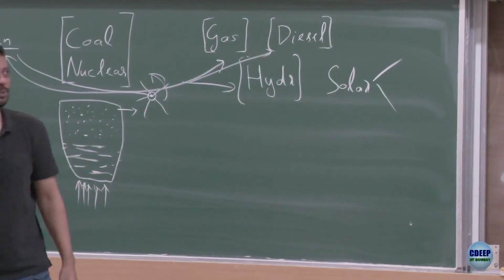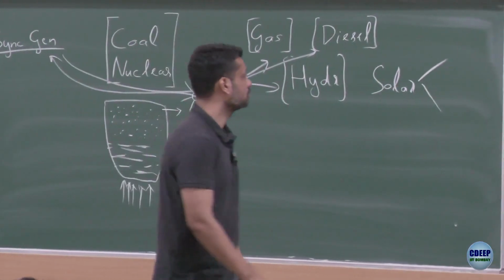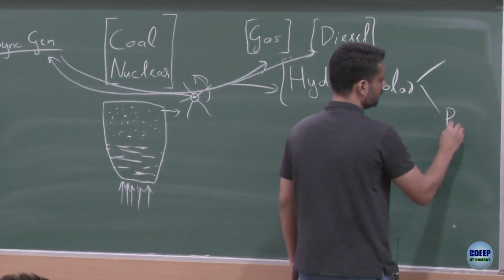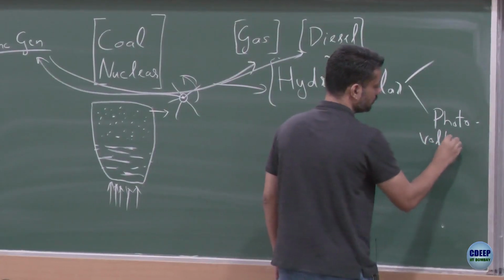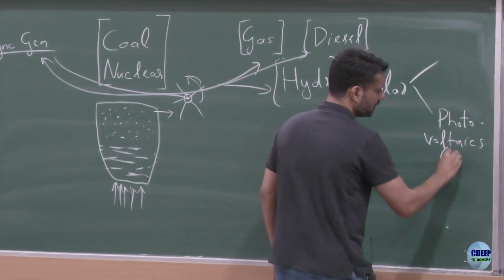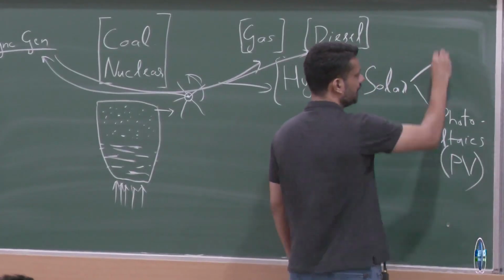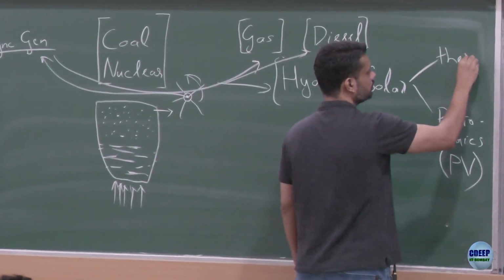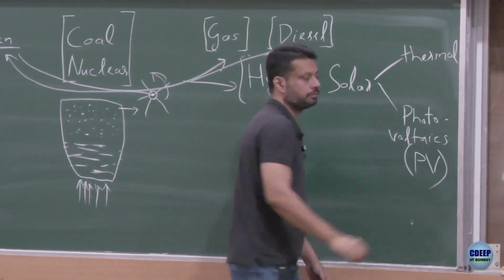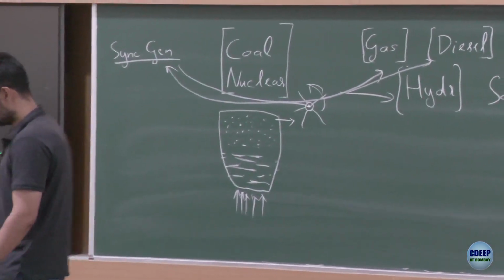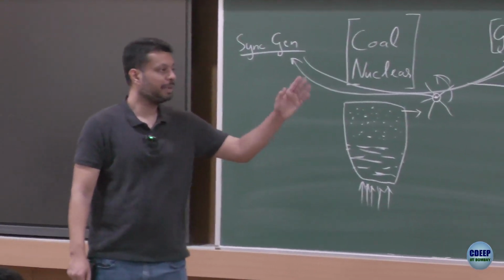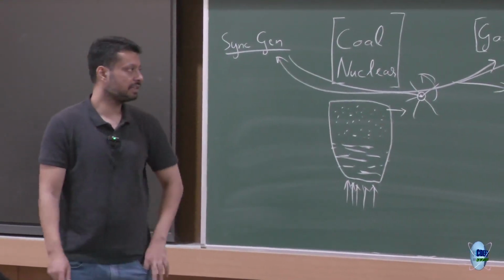If you see 20 years back, there is of course solar photovoltaics, which you can just call solar PV, and then there was solar thermal. These were the two competing technologies for solar when it started.